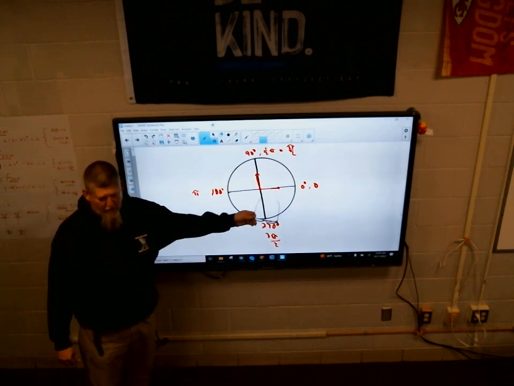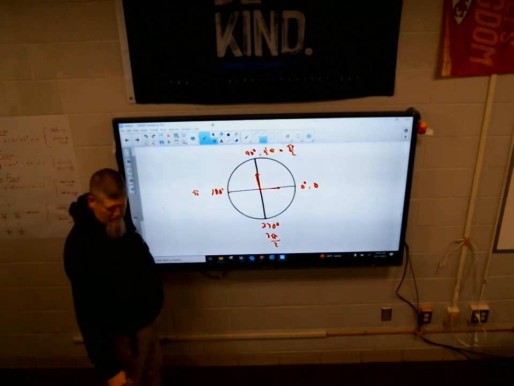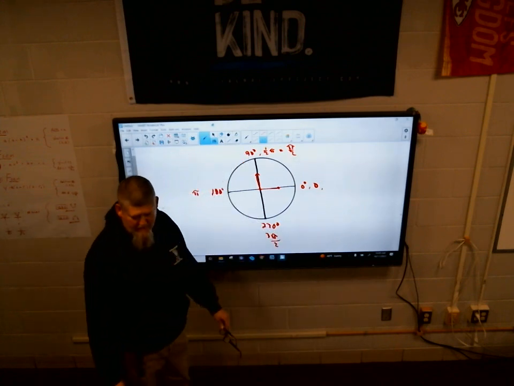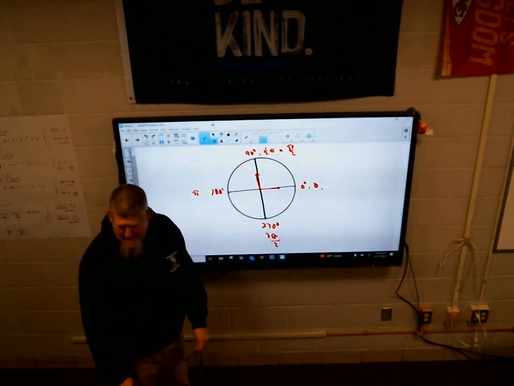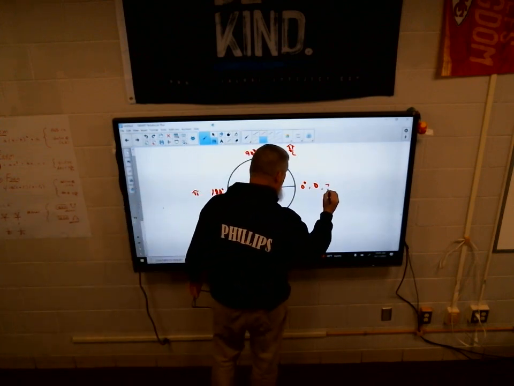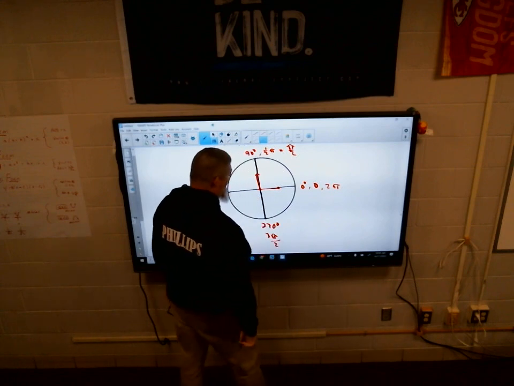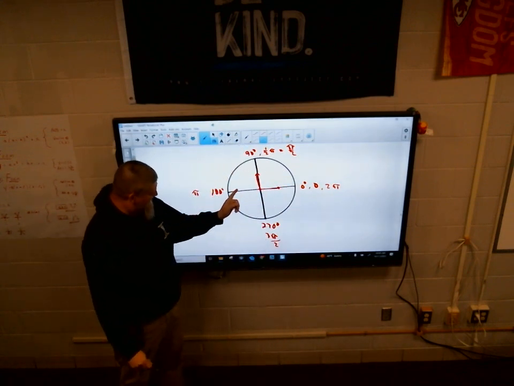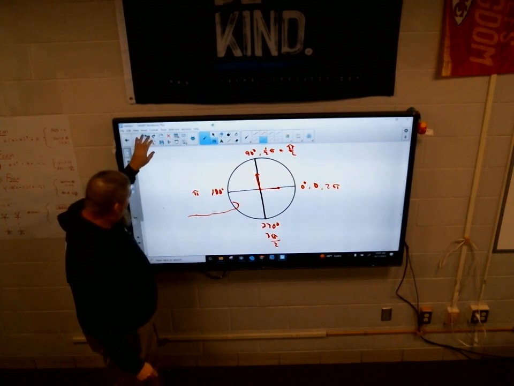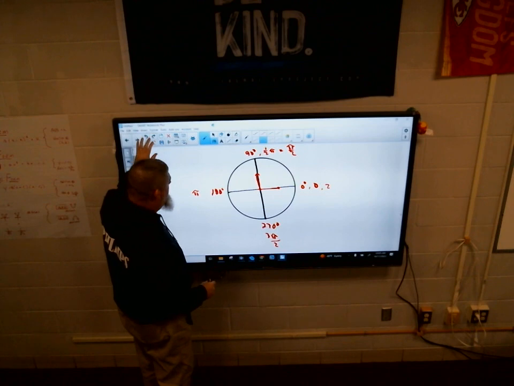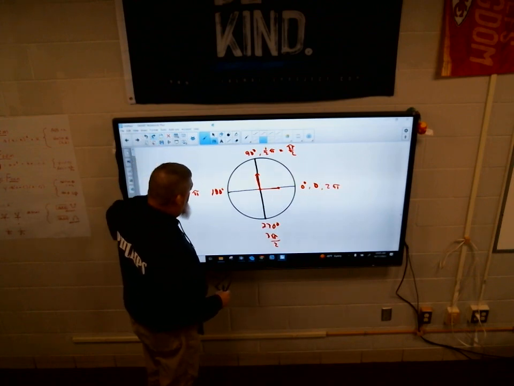And then we already know what a full circle is. 360 degrees or 2 pi radians. And we can keep going: 3 pi radians, 4 pi radians, 5, 6. We can keep going around the circle just like we do with degrees. 2 pi radians.